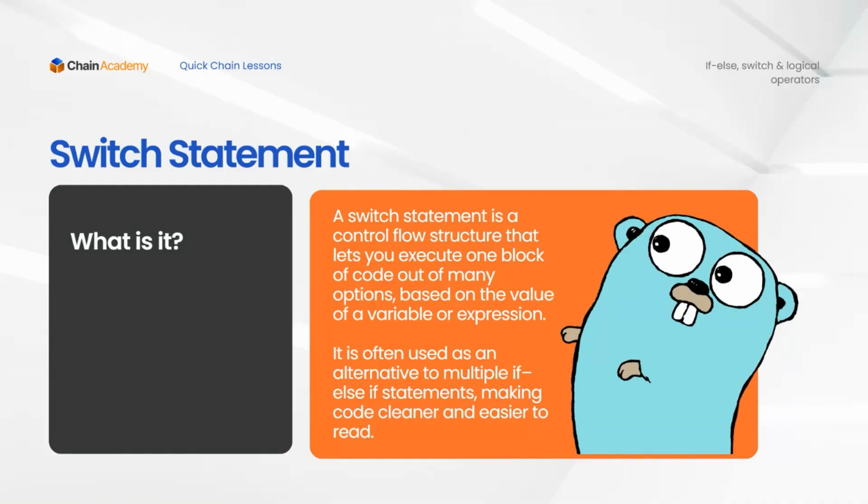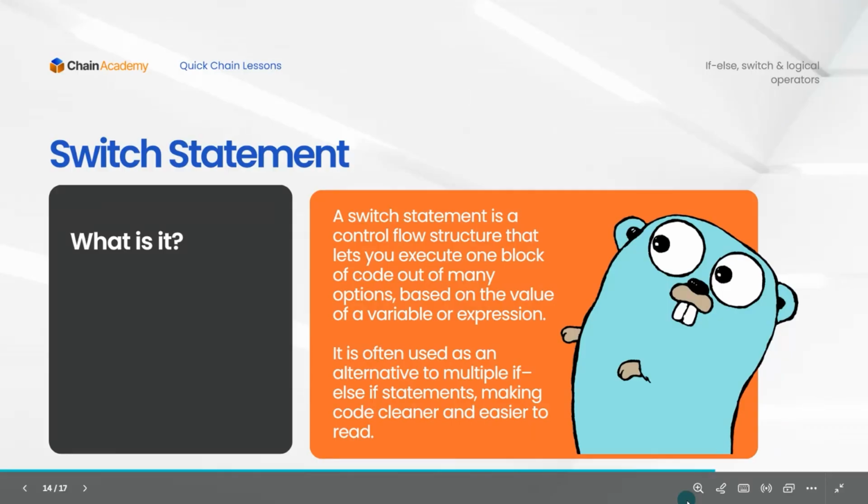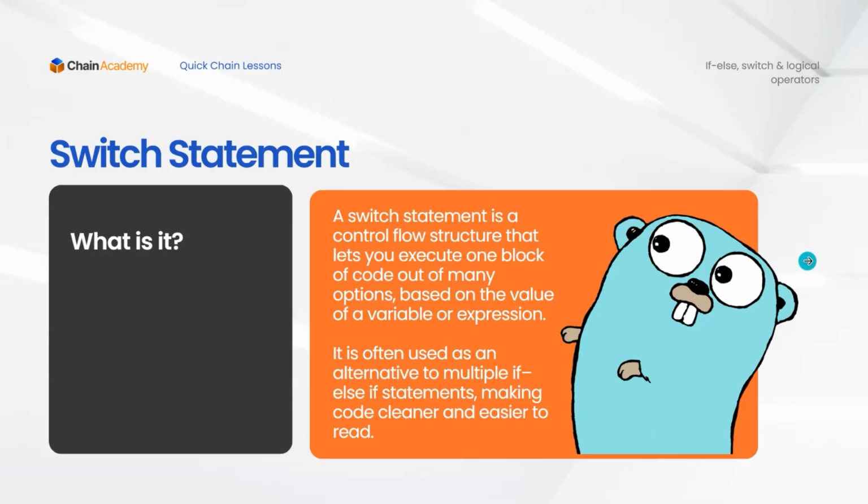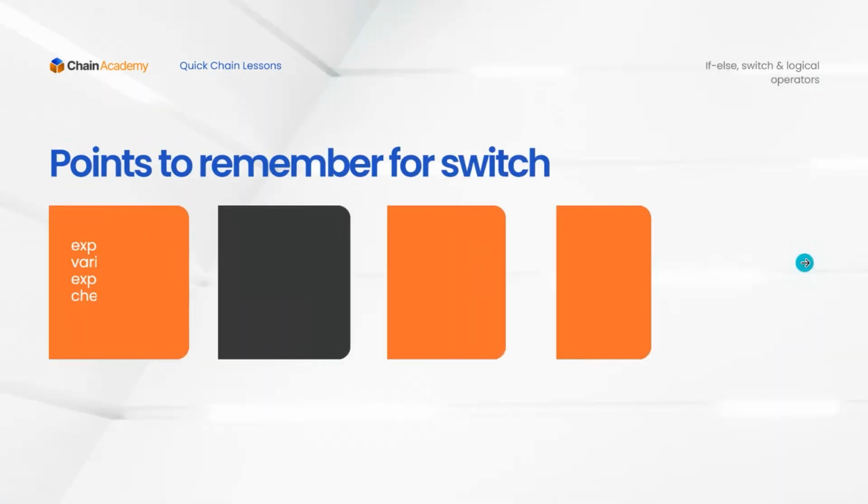A switch statement is a control flow structure that lets you execute one block of code out of many options based on the value of a variable or expression. It is often used as an alternative to multiple if else if statements, making code cleaner and easier to read.